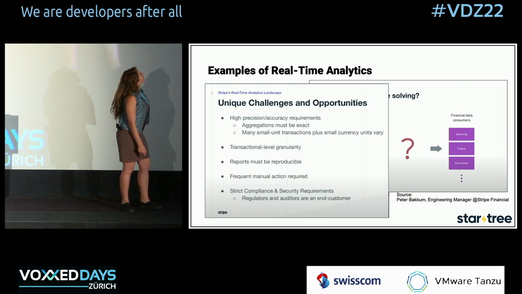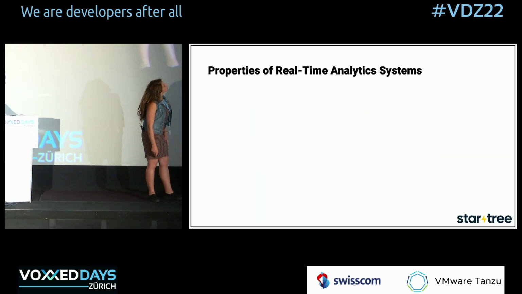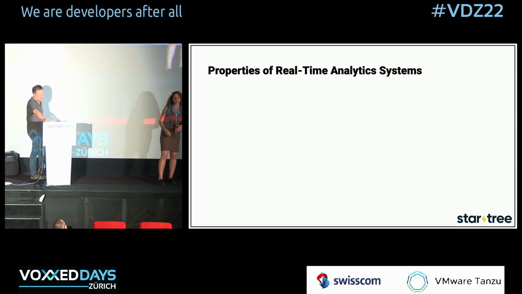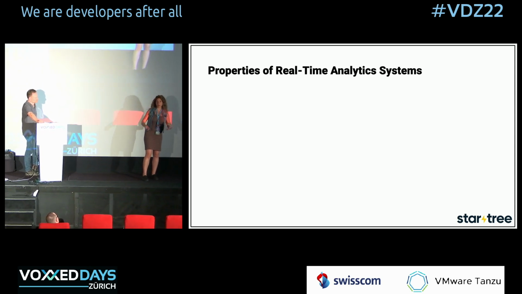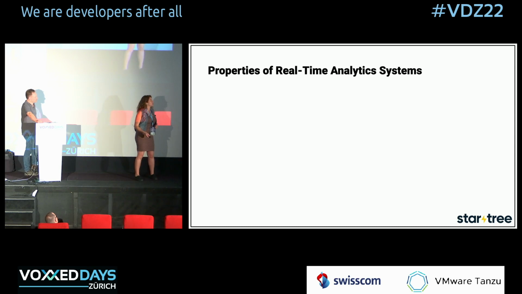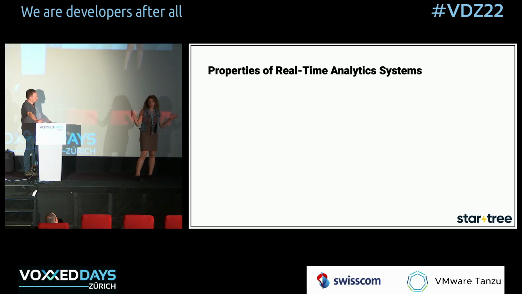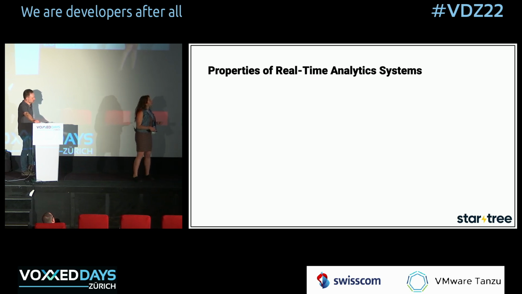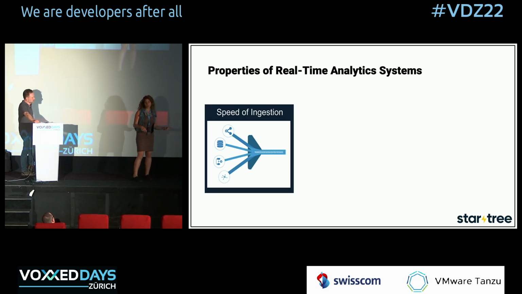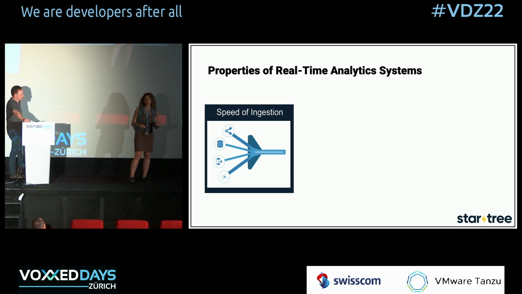Right. Okay, so the properties of real-time analytics systems. When you're building a real-time analytics type of application, speaking from an overarching view, there are 3 things you need. First is speed of ingestion, right? You have to be able to pull the data in real time.